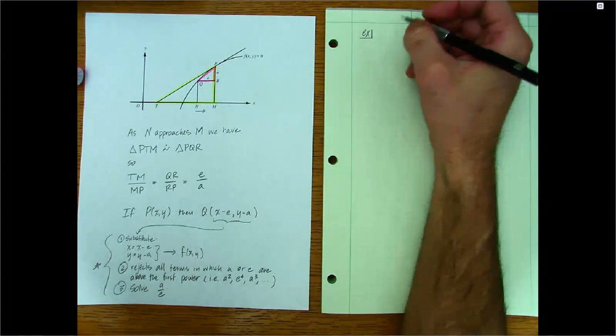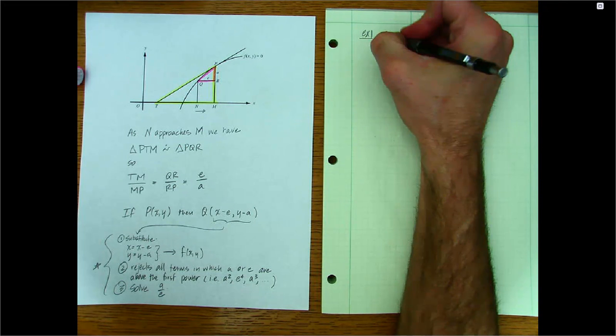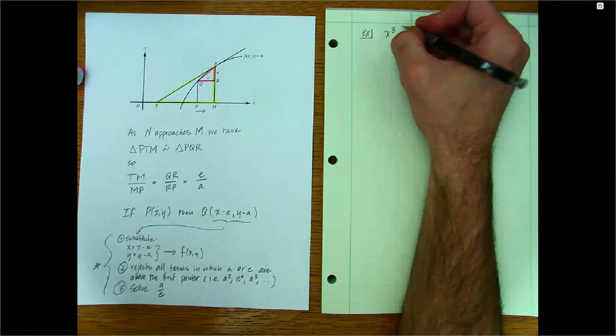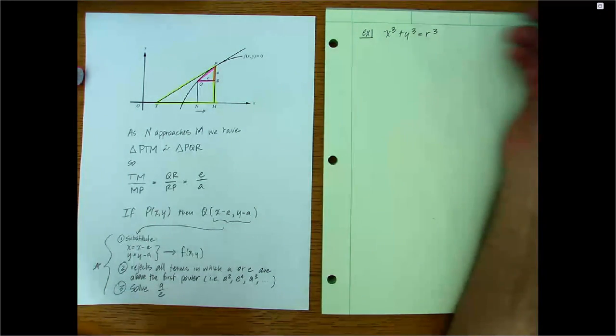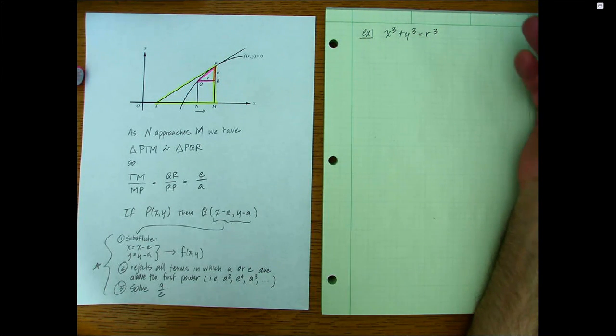Let's take a look at one that Barrow actually does in his research, and that is x to the third plus y to the third equals r to the third. This is an implicit equation, not an explicit function, so it's an implicit function. What we're going to do is try to solve this for the slope at x comma y.